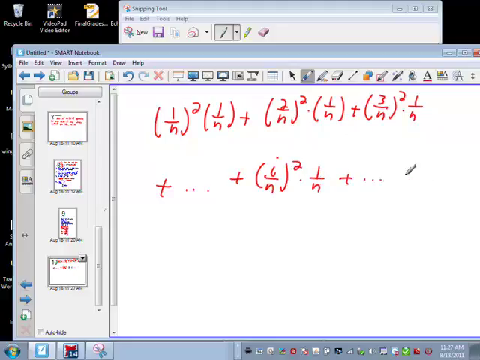Keep going. Plus finally n over n squared. That's n rectangles times 1 over n. We have to take the limit of this as n goes to infinity. Now, of course, we're saying to ourselves, how in the world did he get 1/3 so quickly going through this whole process?